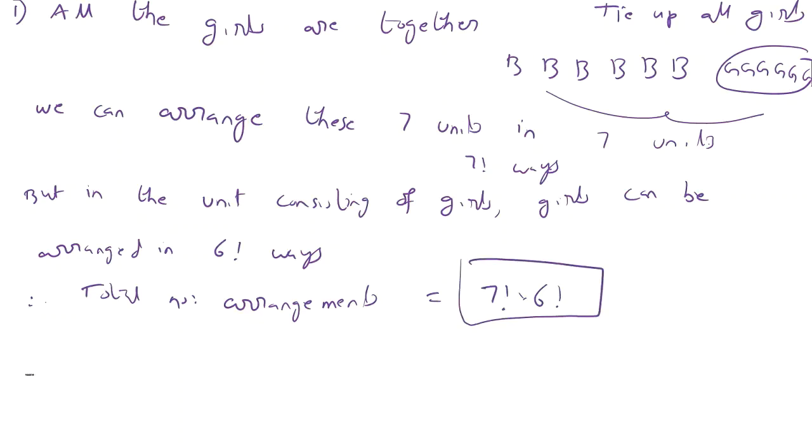Now let us look into the special condition which I have written down: all the girls are not together. All the girls are not together means total arrangements minus the number of arrangements in which all the girls are together.